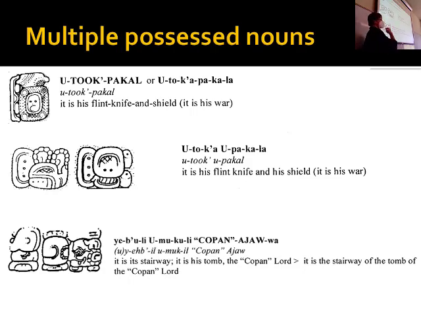This is yebul or yebil, the stairway of. Erb is a stairway. Yerbul, presumably possession, or yerbil. And then umukil or umukul, the burial of. And then Hulz Ipipahal, divine lord of Kopan, the archaeological site of Kopan.